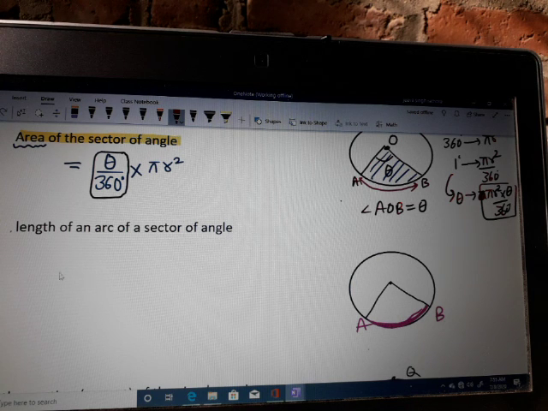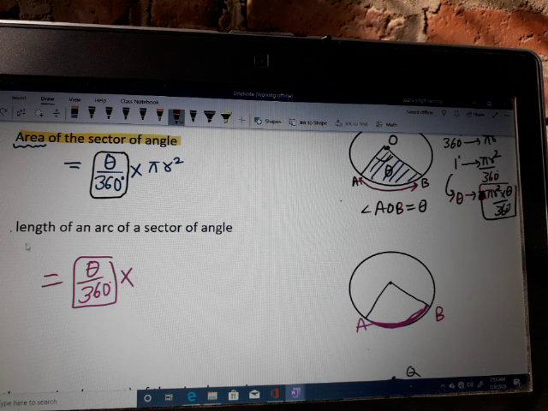This simple formula: the factor theta upon 360 remains the same, and this is multiplied by the complete circumference of the circle, that is equal to 2 pi r. These are the two formulas you have to remember: theta by 360 into pi r square for area, and for the length of arc, multiply by the circumference of the circle, 2 pi r.